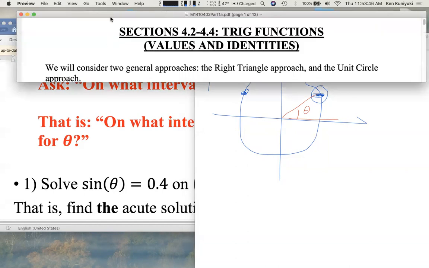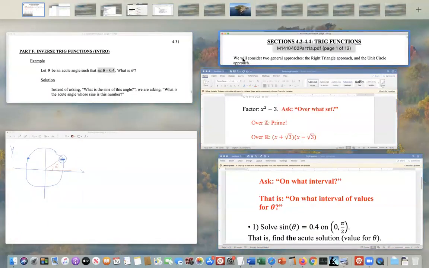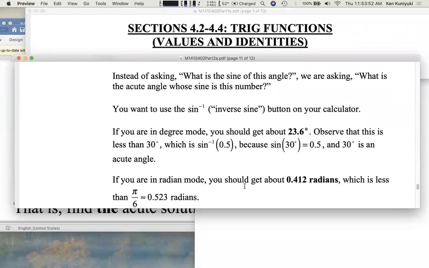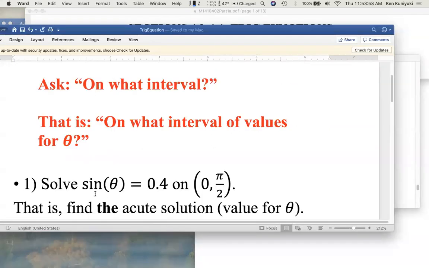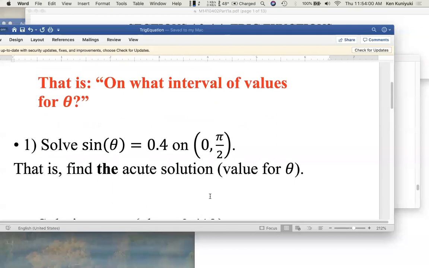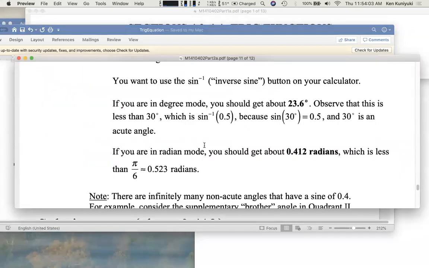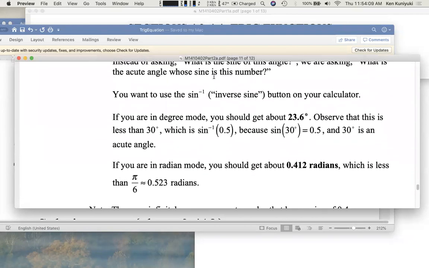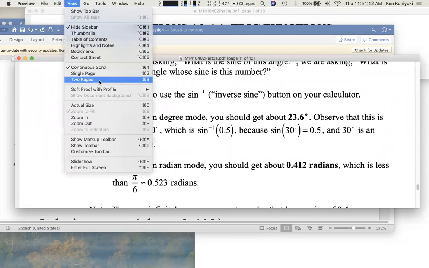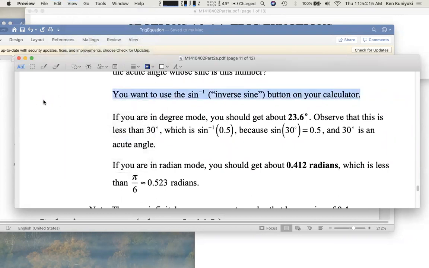But it turns out that if you're in degree mode, when you work out the inverse sine of 0.4, and that's what you have to calculate, the inverse sine, or arcsine, of 0.4, which we know will be an acute angle.